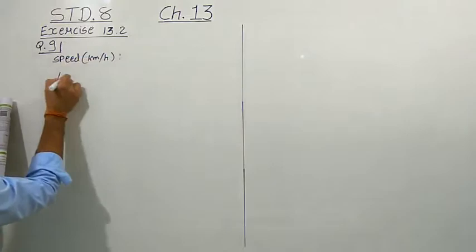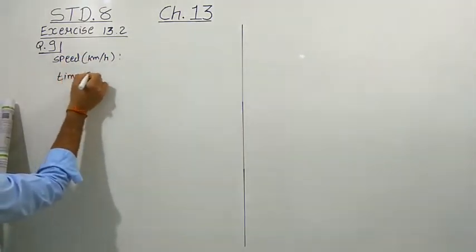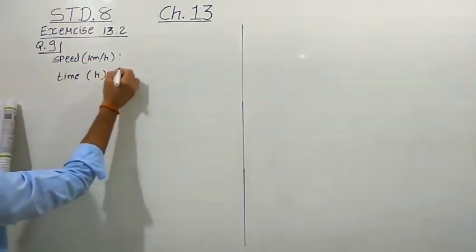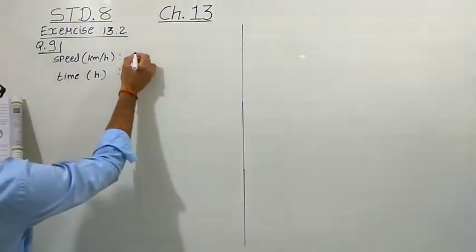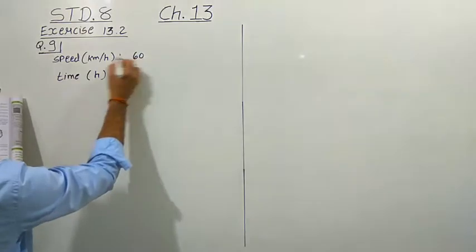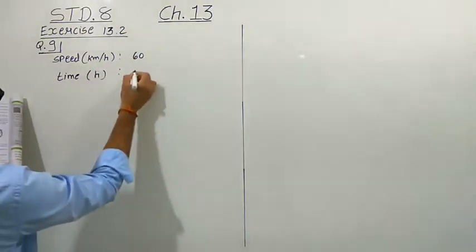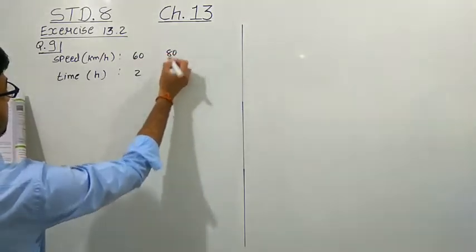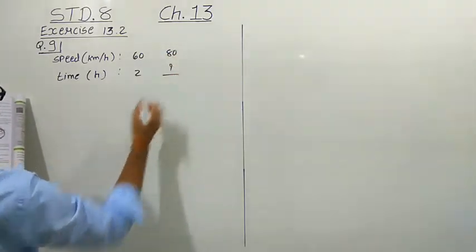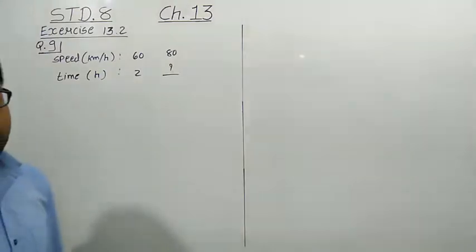And second quantity is time, and it is in hours. So whenever the speed of the car is 60 km per hour, it will take 2 hours. Now what will happen if the speed is 80 km per hour? How much time will it take to reach the destination?